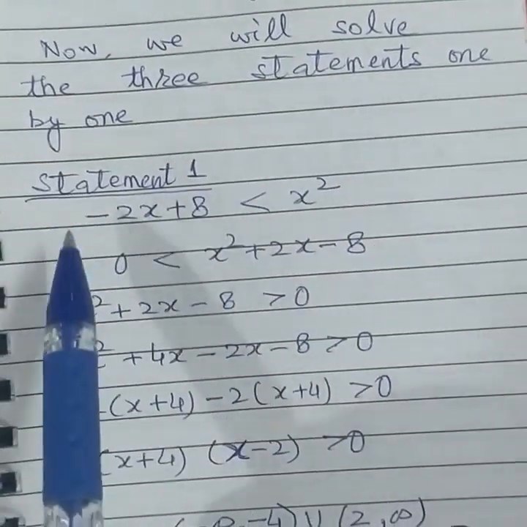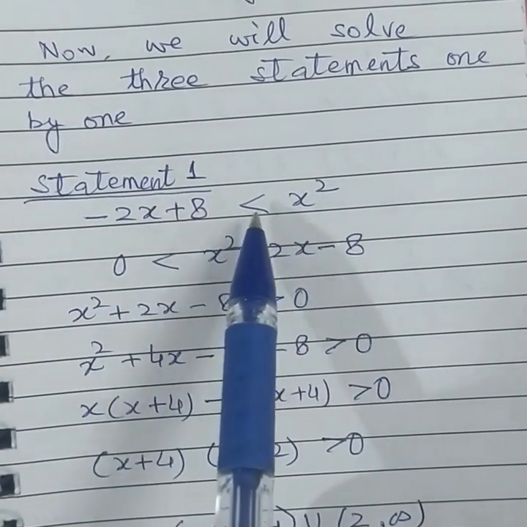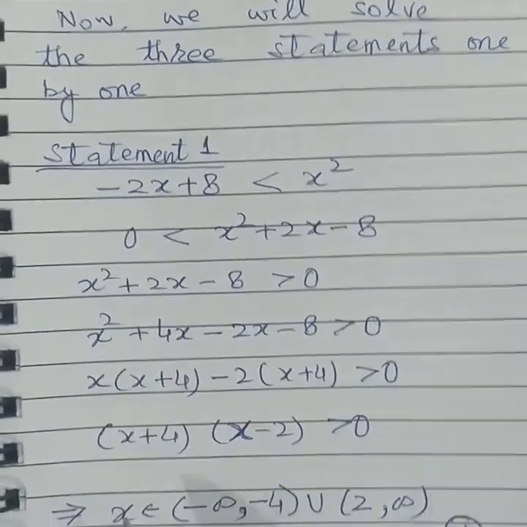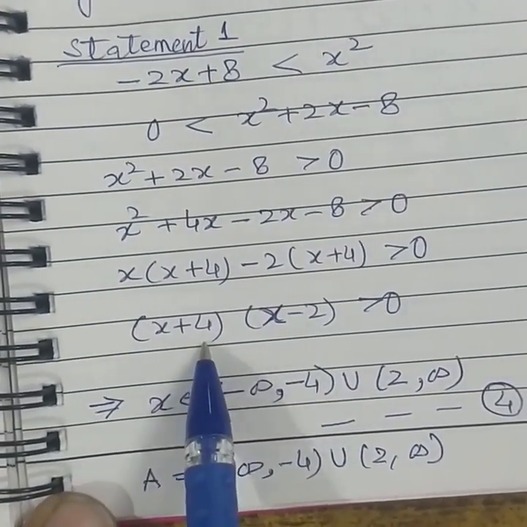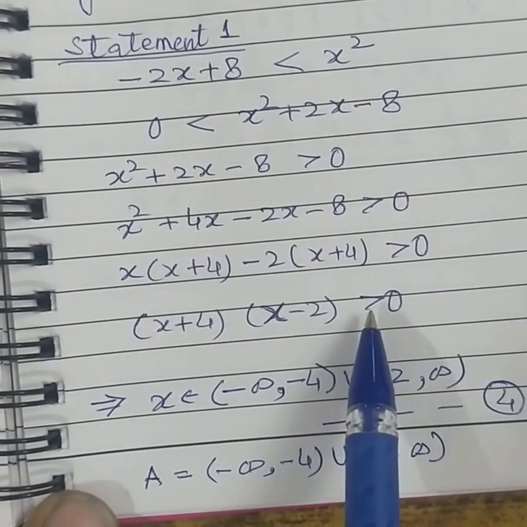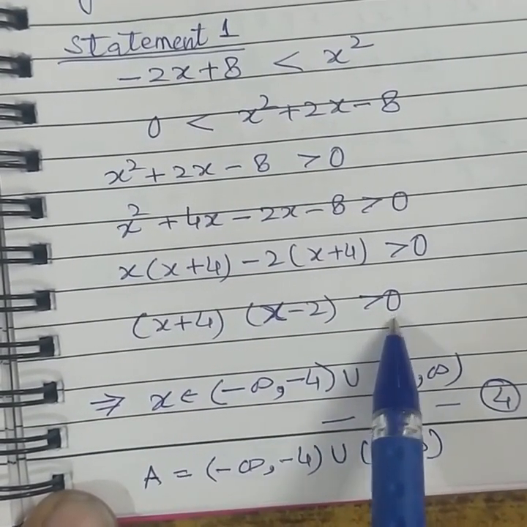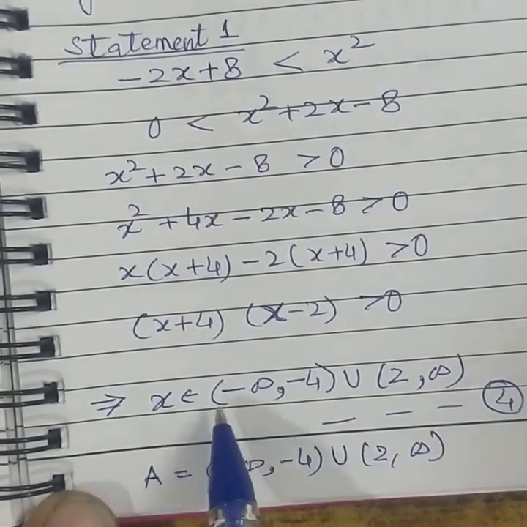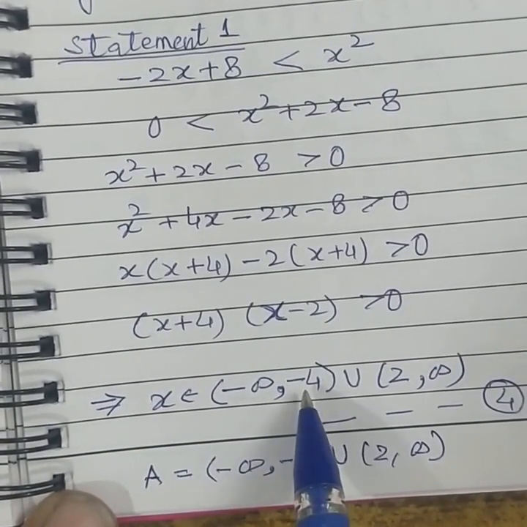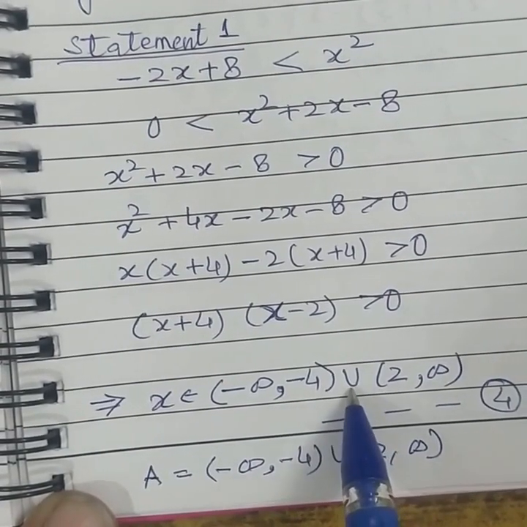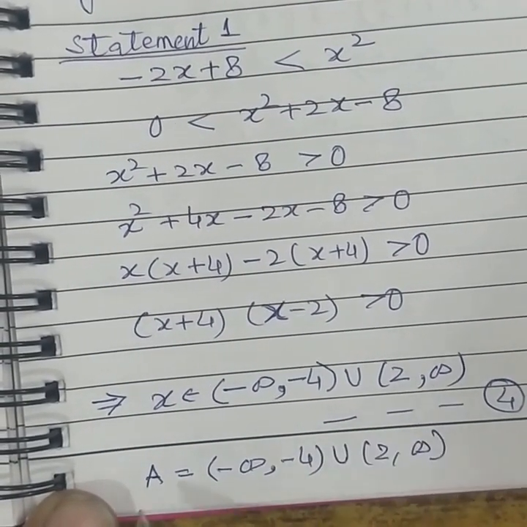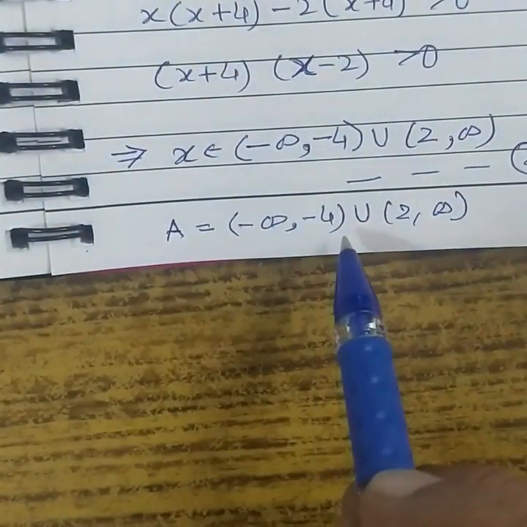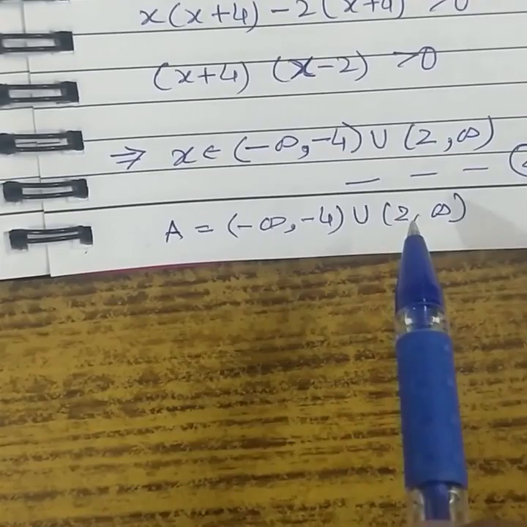The statement 1 is minus 2x plus 8 less than x square, which can be simplified to x plus 4, x minus 2 is greater than 0. The solution of this inequality is x belongs to minus infinity to minus 4 union 2 to infinity. Let us name this set as A, which is the solution set of statement 1.